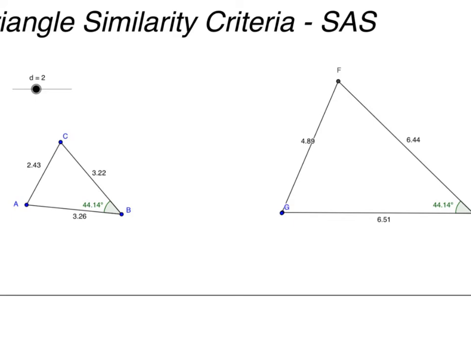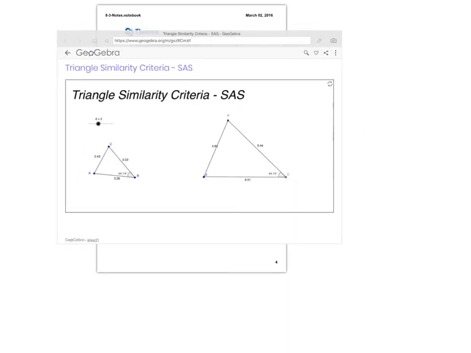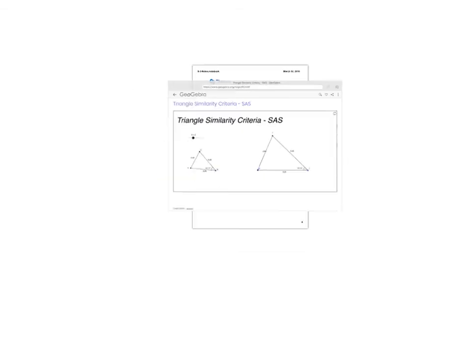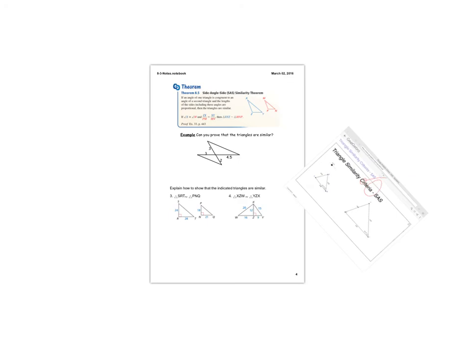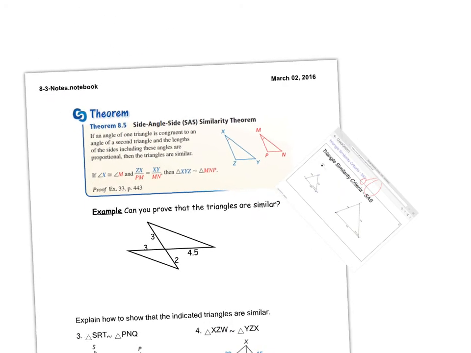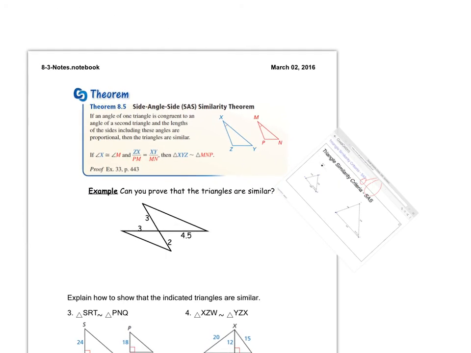So the moral of the story is this. When I set two sides and an angle, the end result is that the triangles have to be similar, all right? So let's go ahead and put that guy away, okay? So this is our side angle side similarity, okay?